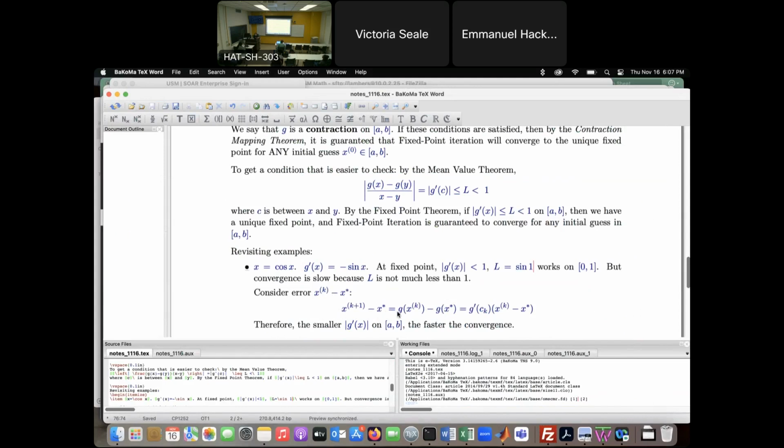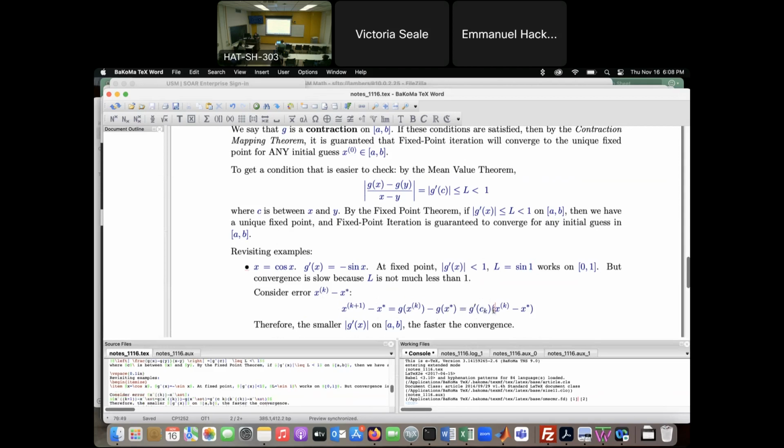But by the mean value theorem, g of xk minus g of x star is equal to the derivative at some unknown point, ck, times xk minus x star.